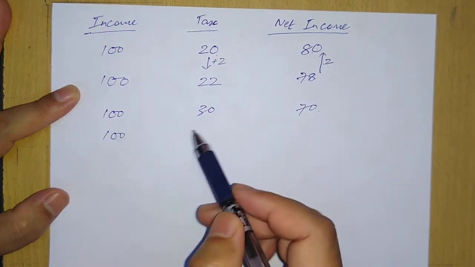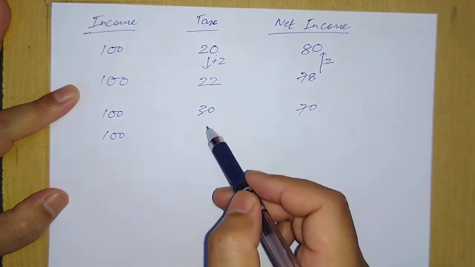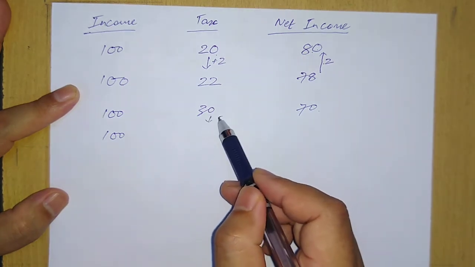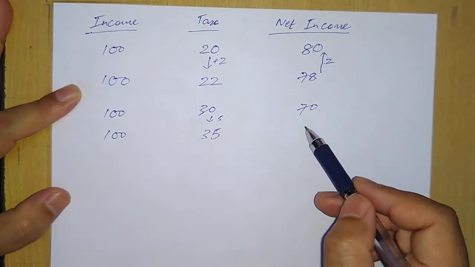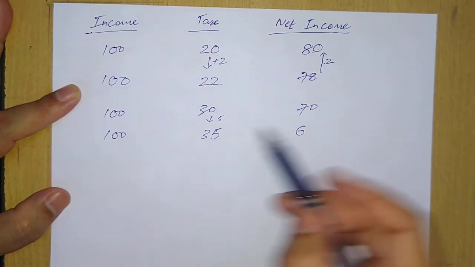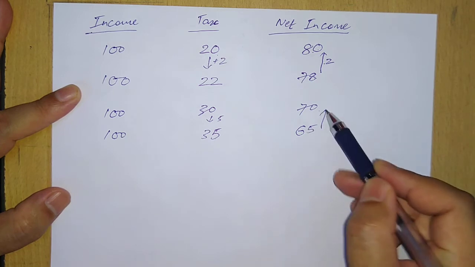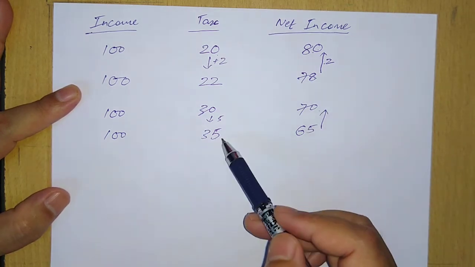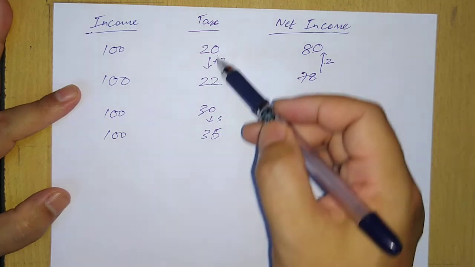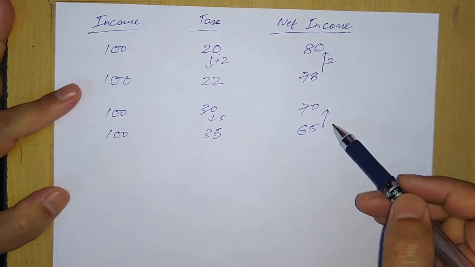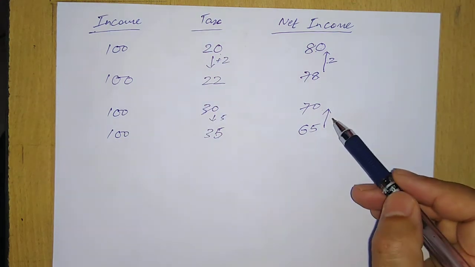Now if my tax is increased by 5 units, my new tax will be 35. My new net income will be 100 minus 35, 65. So whatever is increased as tax has been reduced from my net income.